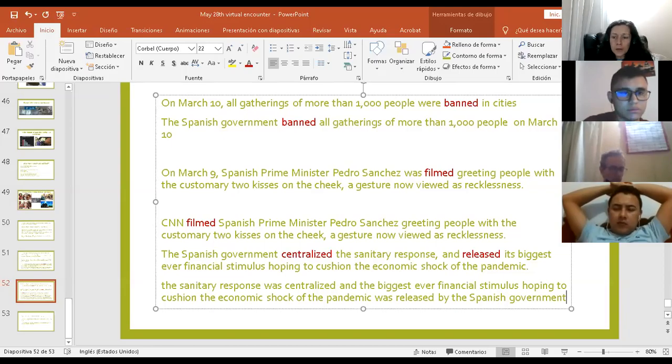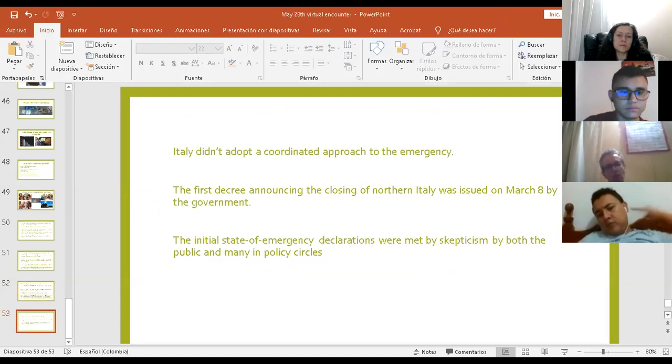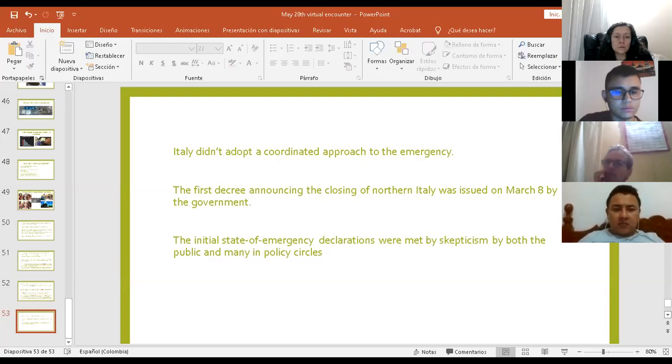Okay, we finally have three sentences to change to passive voice. A coordinated approach. Yes.